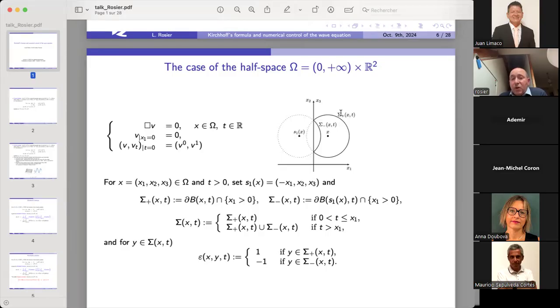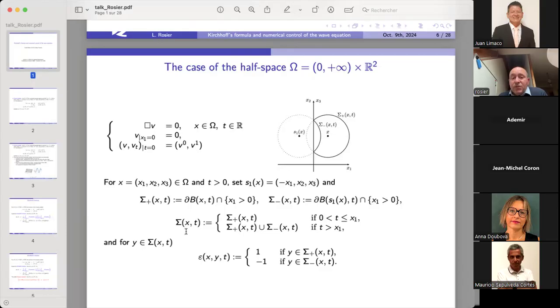So in this picture, it is just here. And sigma minus will be the intersection with the half space of the sphere centered at S1 of x with the same radius. So here it will be this part of the sphere.